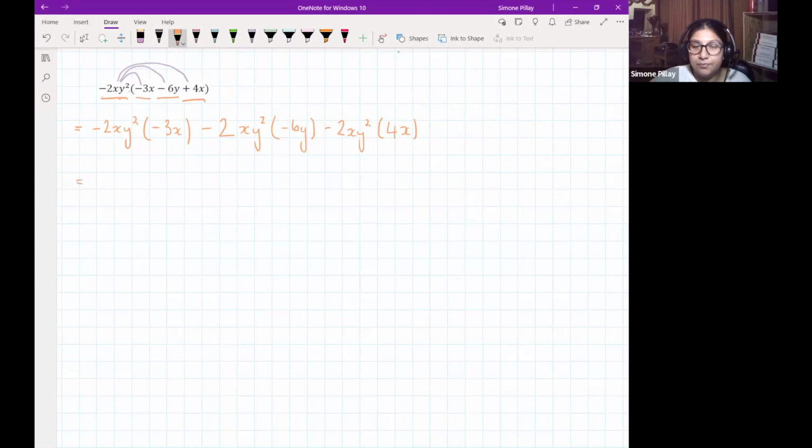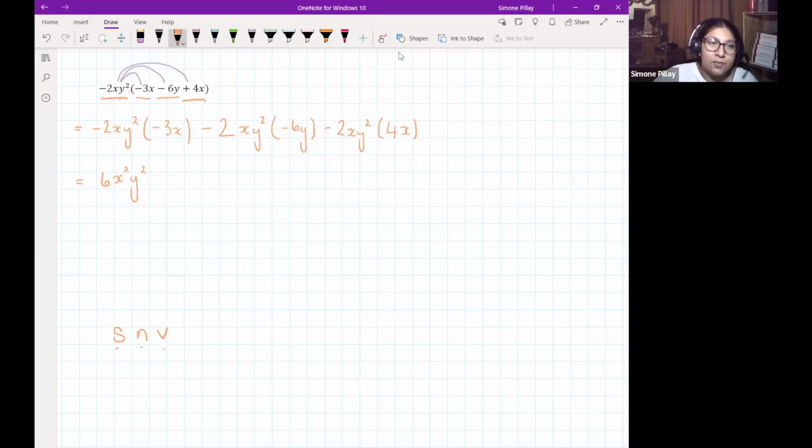So, ma'am, we're going to start with the first bracket. We're going to say negative 2xy to the power of 2 times negative 3x, which is going to be 6x to the power of 2, y to the power of 2. Exactly. Now, just hold on for me, Isandile. How did I get that, for everybody who is confused? Remember, whenever we do multiplication, I can apply SNV.